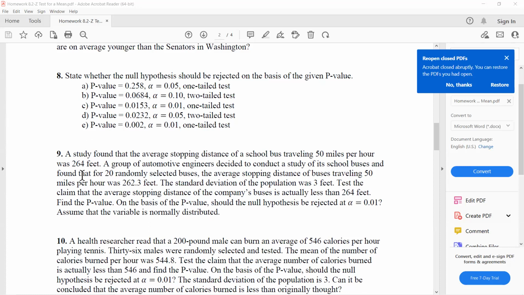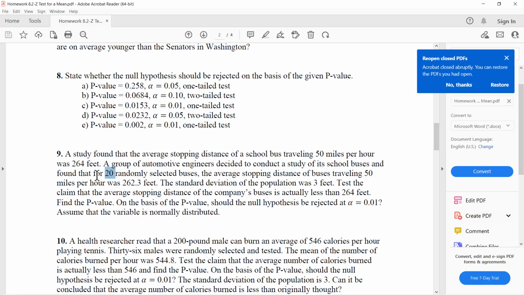Okay. This is still 8.2, but this is where she shifted to using p-values. Number 9 says, a study found that the average stopping distance of a school bus traveling 50 miles an hour was 264 feet. A group of automotive engineers decided to conduct a study of its school buses and found that for 20 randomly selected buses, notice my sample size here is smaller, okay? That's not necessarily a dead giveaway, but that's a big one, okay?